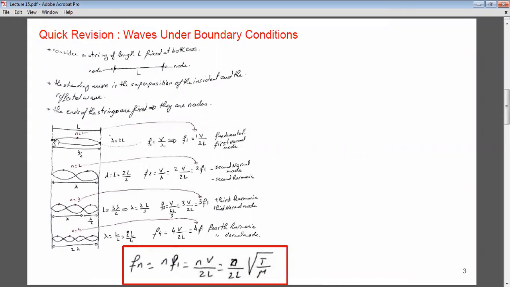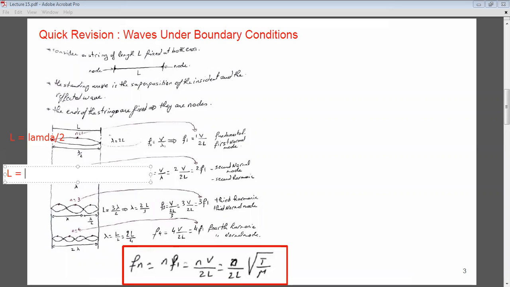In this case, L is equal to lambda over 2, because the distance between the two nodes is lambda over 2, and it is all of L. The other case is that there is one lambda over 2 and then another lambda over 2.